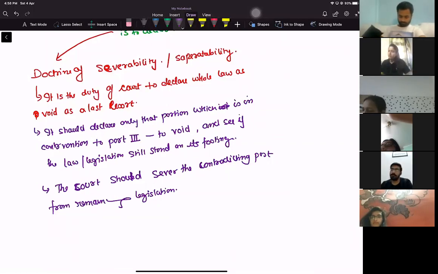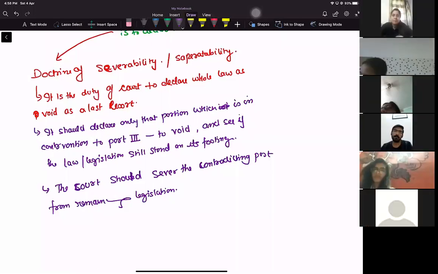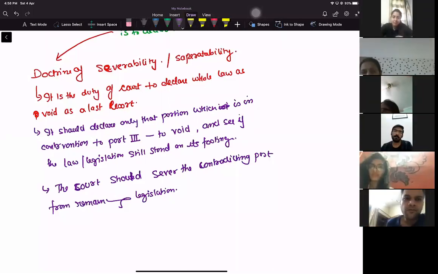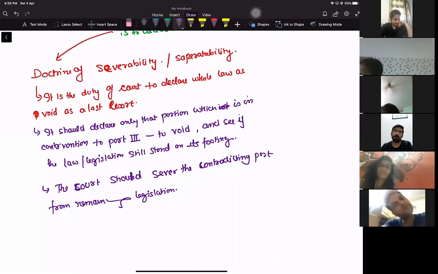The Act should still stand on its footing. What does it mean? Suppose the provision which they are declaring void is of such vital importance that if it is removed, it will end the complete purpose of the legislation. Then you cannot declare only that provision void. That is the last resort. Then you have to declare the complete legislation void.